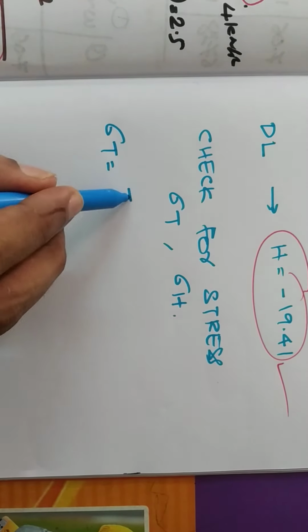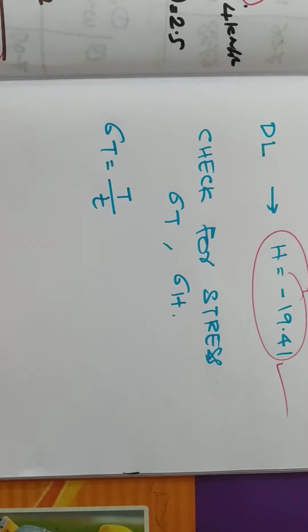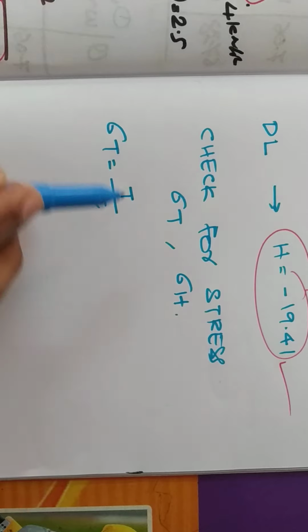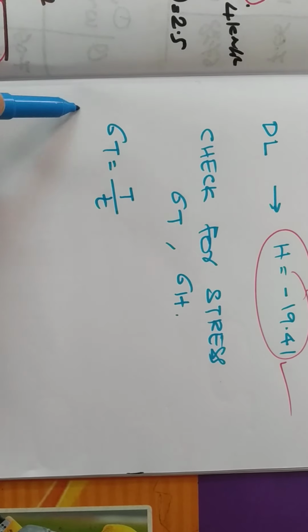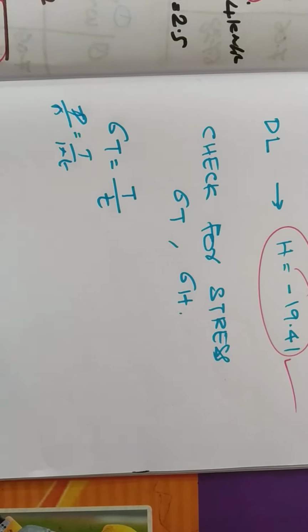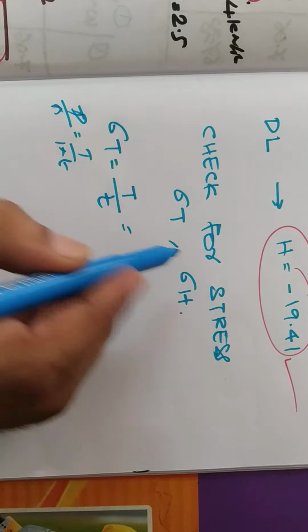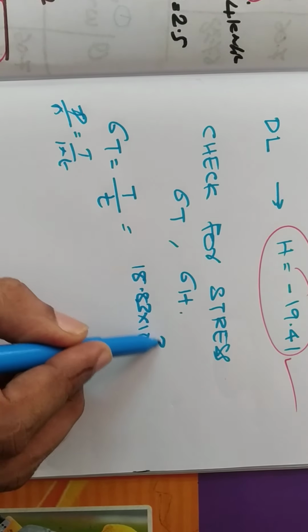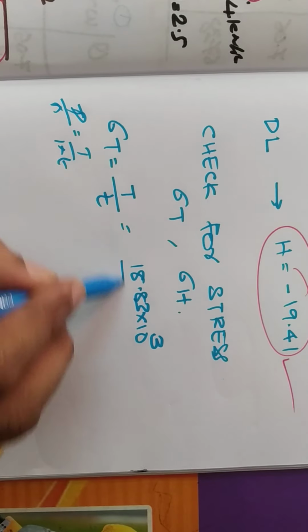Sigma T, as we have discussed before, this is T by t. Okay, T divided by small t, because it is force by area, where force is T, area is 1 into t. So this is equal to 18.83 into 10 to the power 3 to convert into Newton.